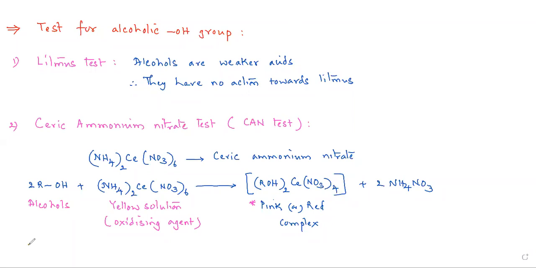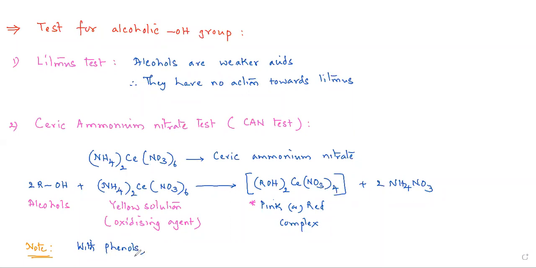And remember with phenols, we get brown colored complex or greenish brown colored precipitate.